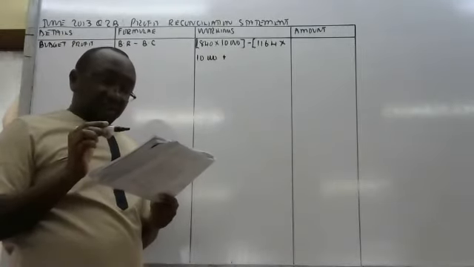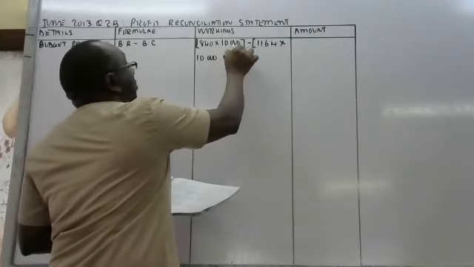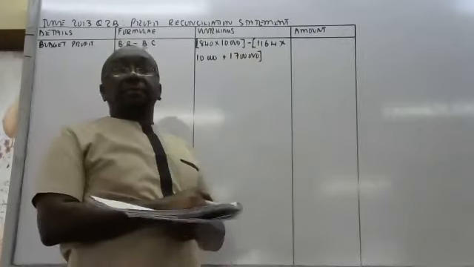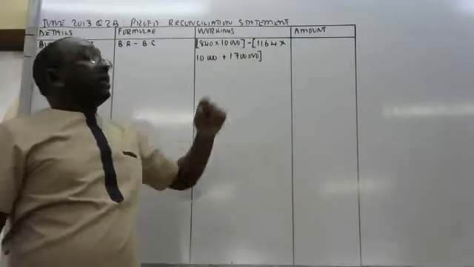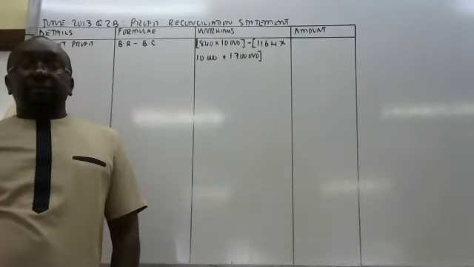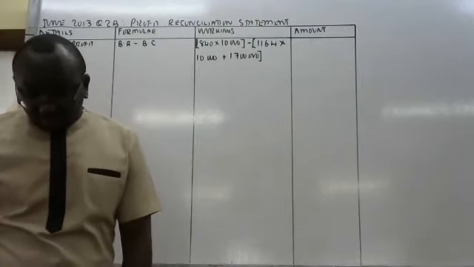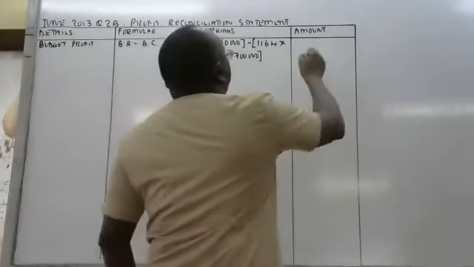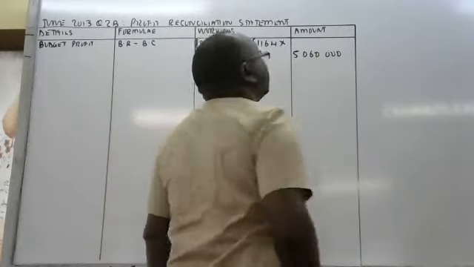Then we add the fixed cost. According to information 1, the budget fixed cost was 1,700,000. So that now you have the budget revenue minus the budget costs, $5,060,000.